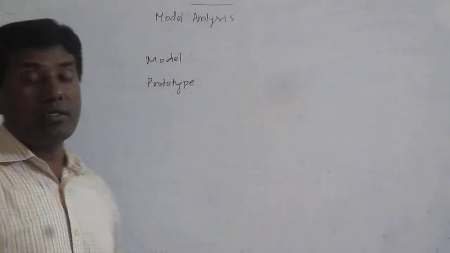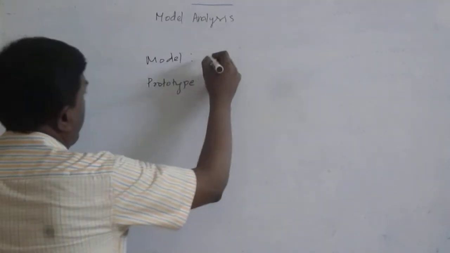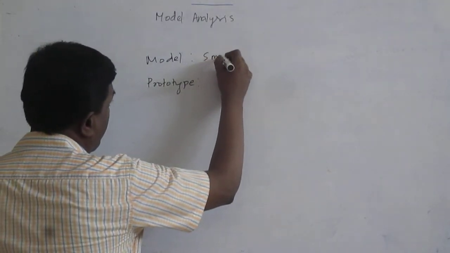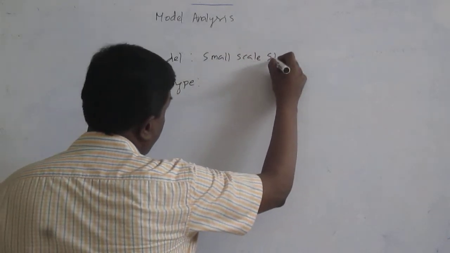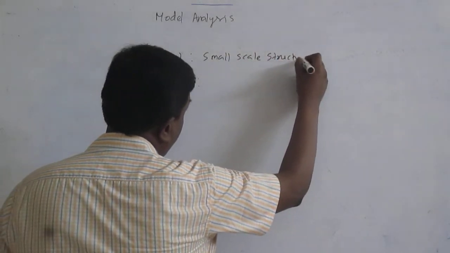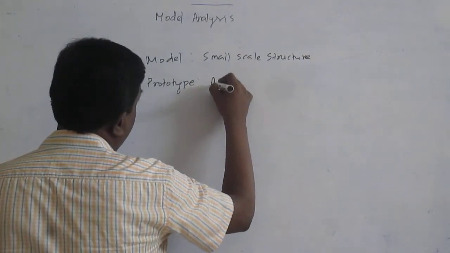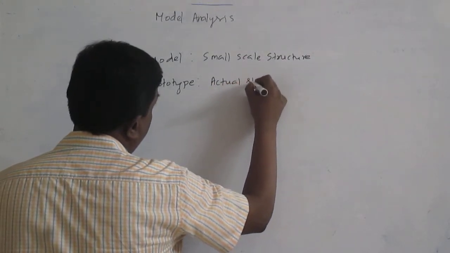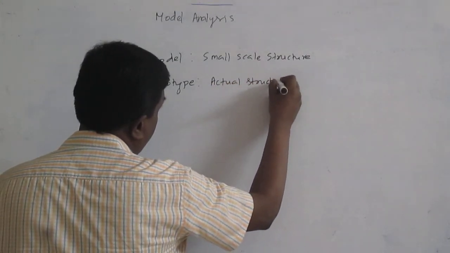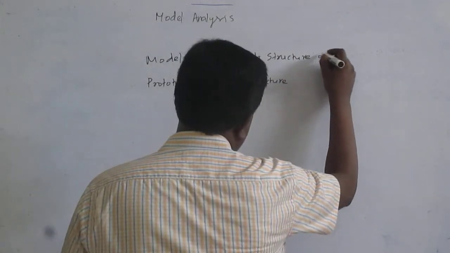So model is the small scale structure, and prototype is the actual structure. Small scale structure of actual machine.